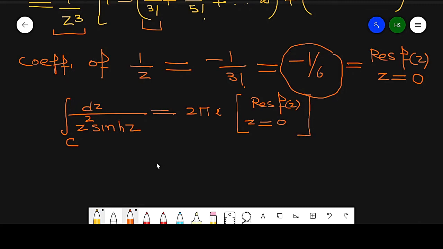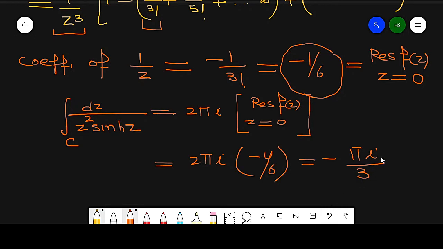So this value is 2 pi iota into minus 1 by 6, which is equal to minus pi iota by 3. So that is my answer.